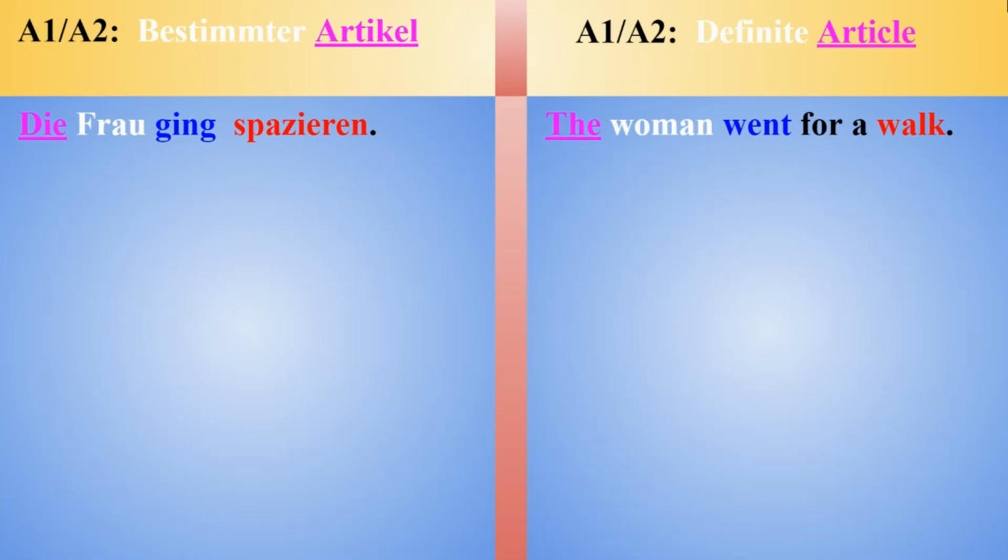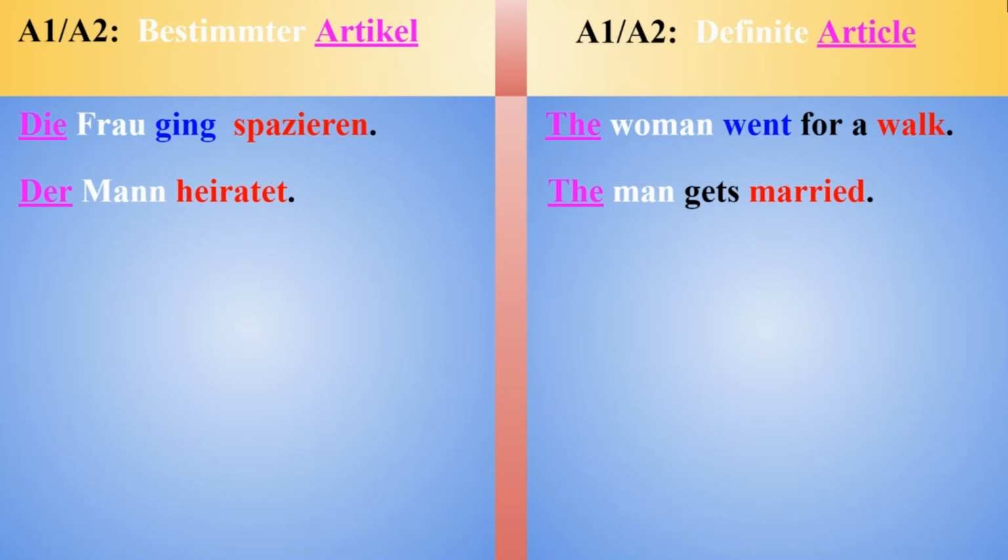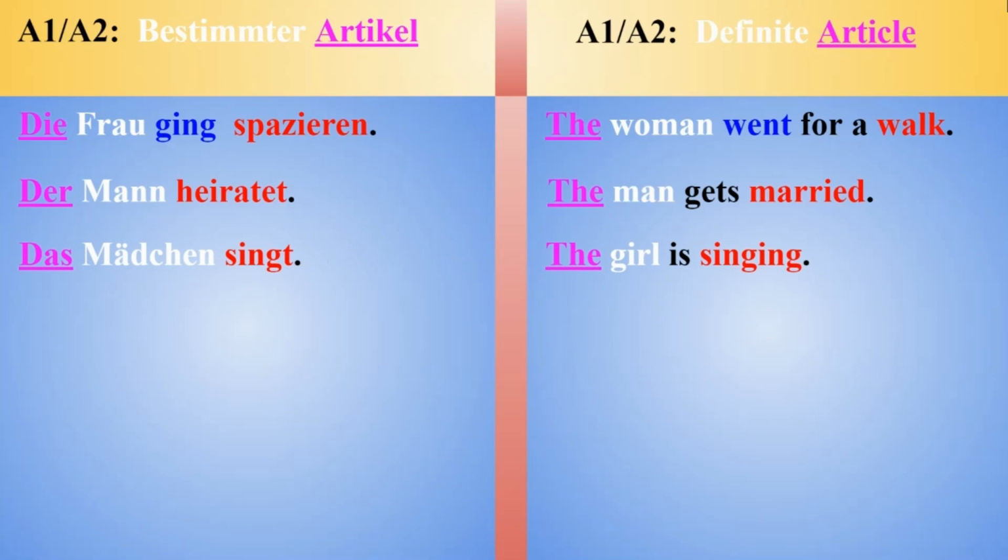Die Frau ging spazieren. The woman went for a walk. Der Mann heiratet. The man gets married. Das Mädchen singt.